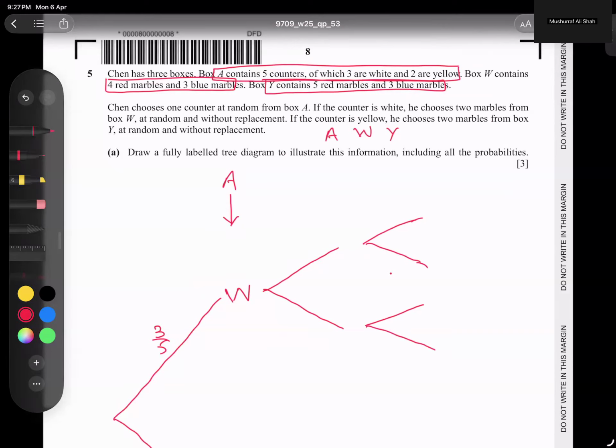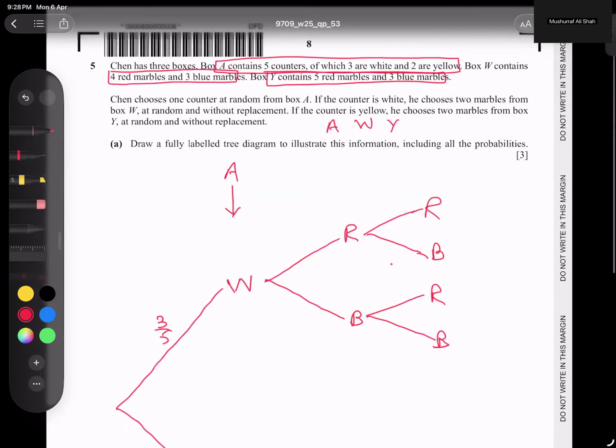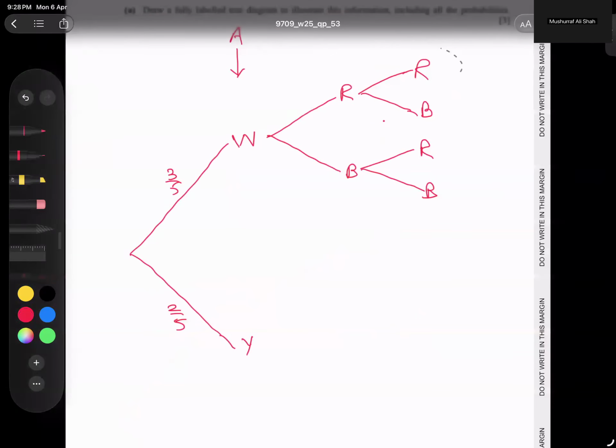Because he said choose 2 marbles, from W we have red and blue, red and blue, red and blue. I think the best idea is to copy it to save my time, and I'm going to make it here.